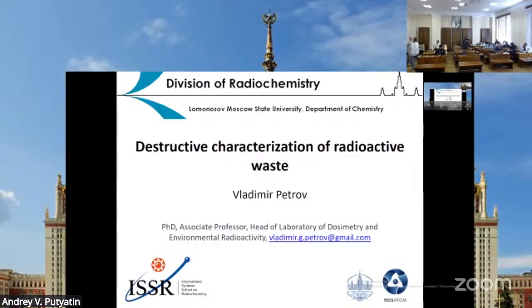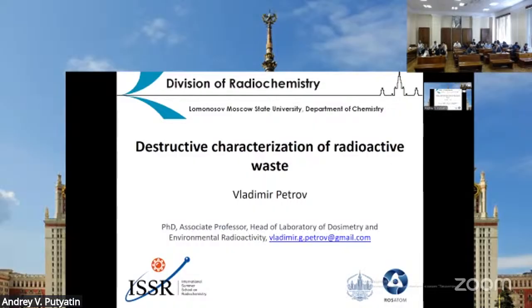So, let's go further. In this topic, destructive characterization of radioactive waste, it will be mainly, of course, about the radionuclide content. We have just a short, brief introduction to different methods for separation and detection.